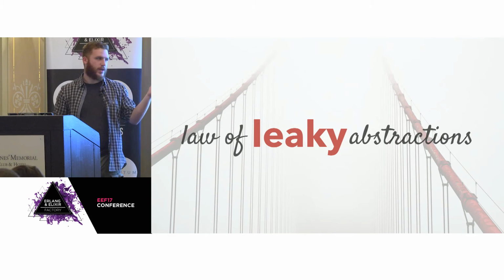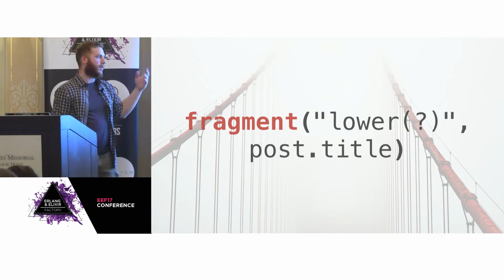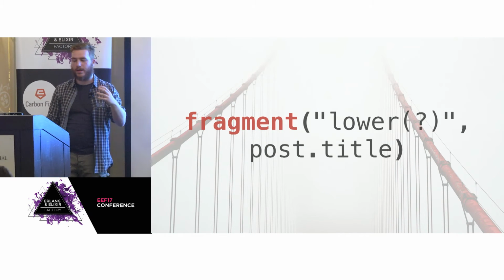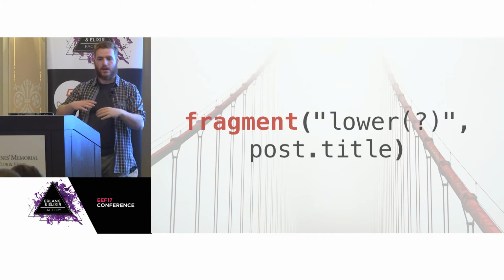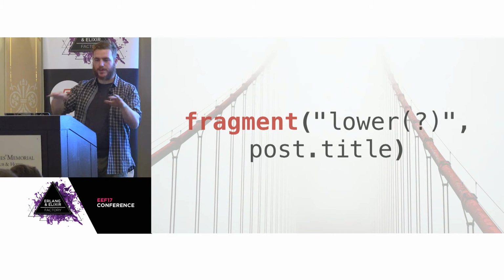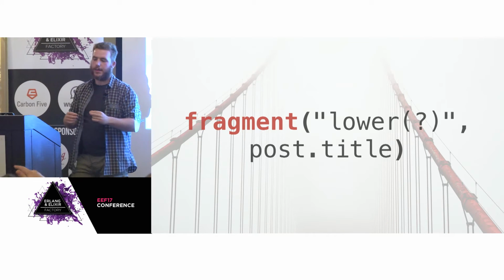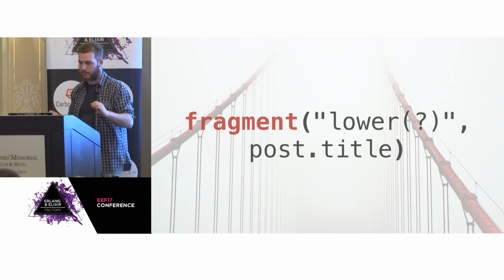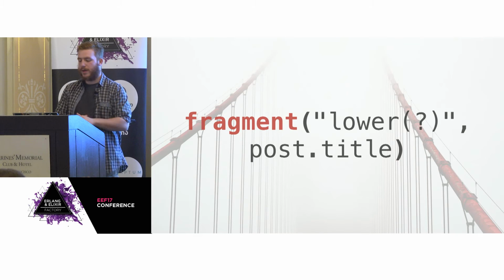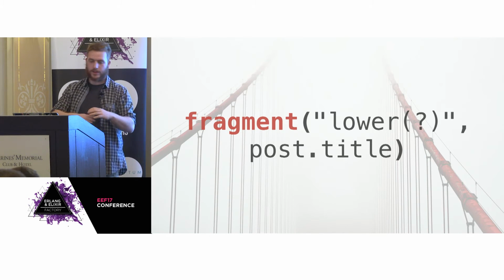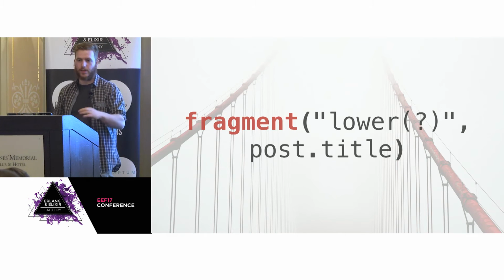And a good concrete example is, I think, the fragment function that we have in Ecto. Ecto is a database layer, basically, for Elixir that supports multiple databases, and it has a quite rich query language built in Elixir. And this query language provides all sorts of SQL functions, basically, like where, select.